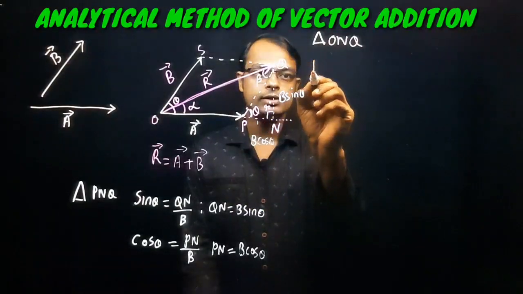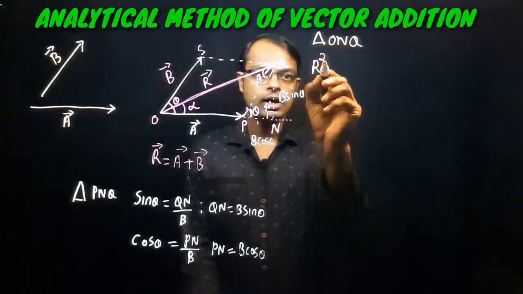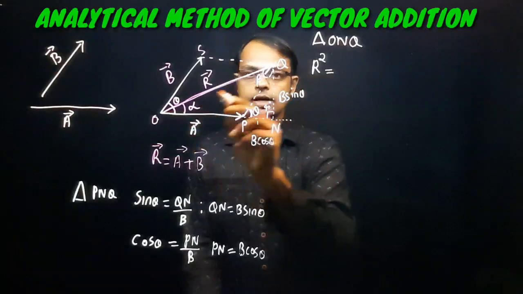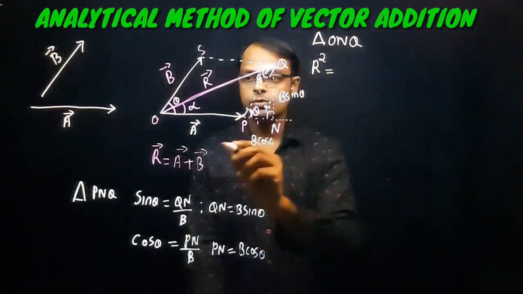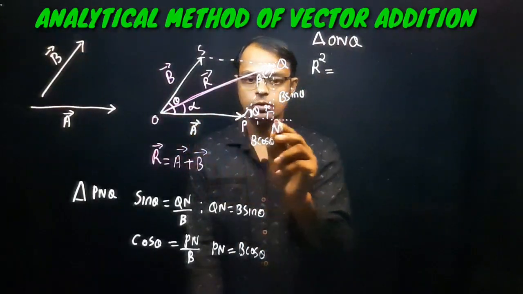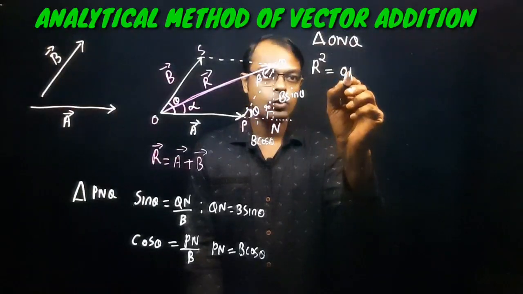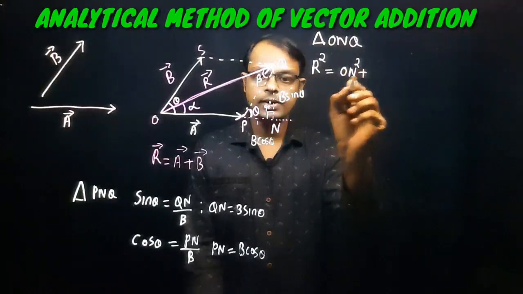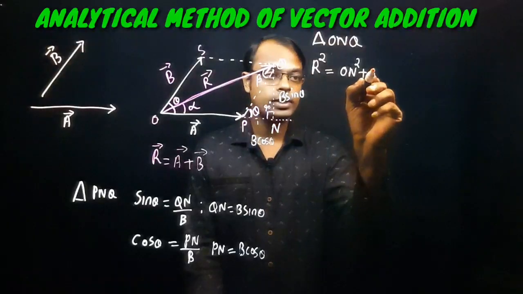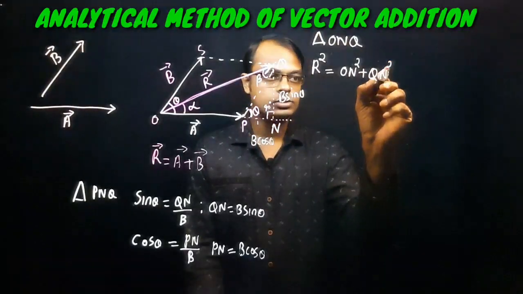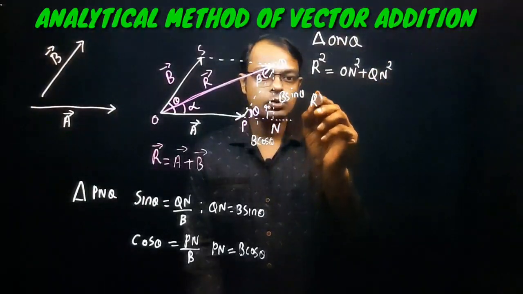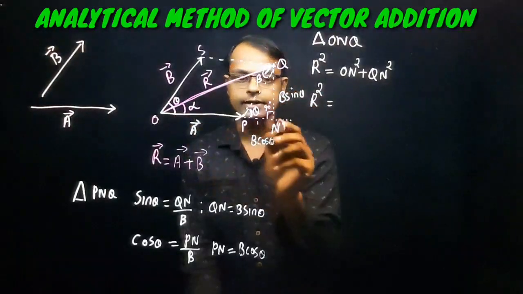So we can write here only the magnitude. R square is equal to, that is a hypotenuse square, right? Is equal to, now what is this one? ON. So I can write here ON square plus, next one is what? QN square. Now R square is equal to, what is ON?